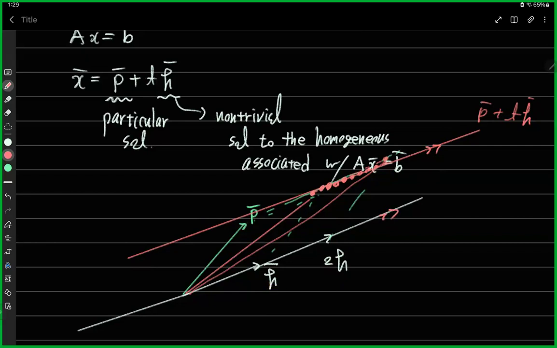Okay. So the gap is determined by the vector p, which is a particular column vector, a particular solution. That's a geometric interpretation of the parametric vector equation or vector form of the non-homogeneous system. Okay, that's not all about that, but this is theorem 6.